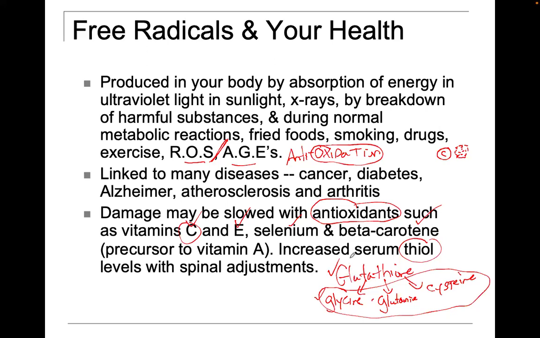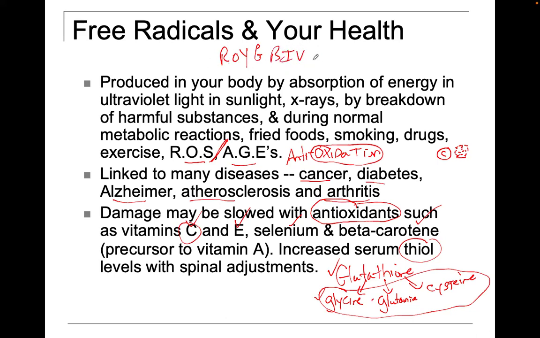But if you don't have enough antioxidants, then the oxidants win. And that's linked to a lot of diseases like cancer, diabetes, Alzheimer's, atherosclerosis, rheumatoid arthritis. So we can help to try and slow down the process by consuming foods rich in antioxidants. And those foods tend to be Roy G. Biv, right?